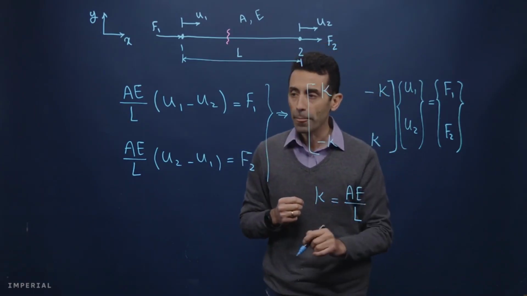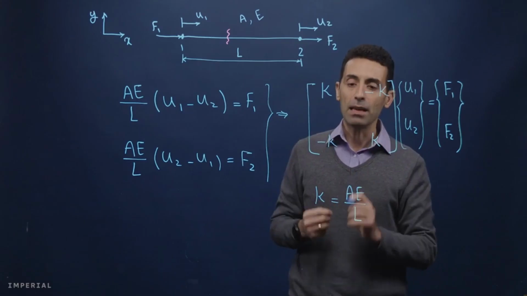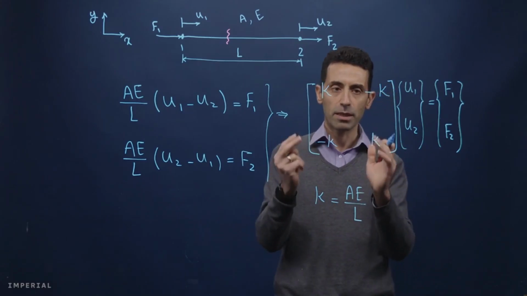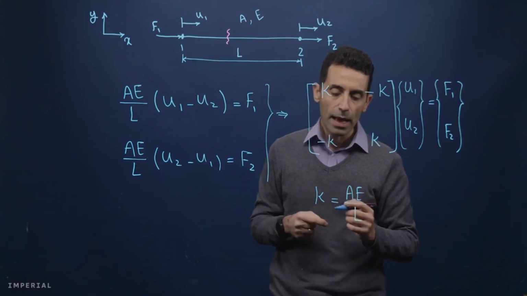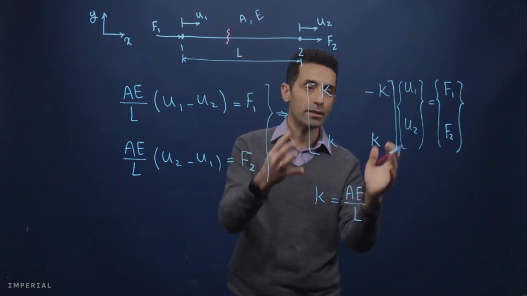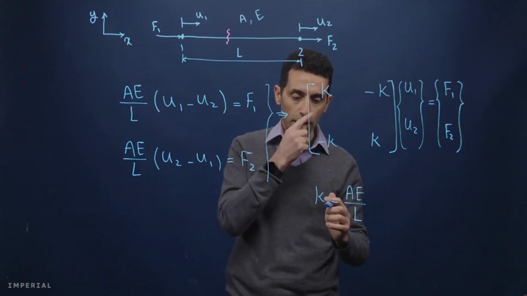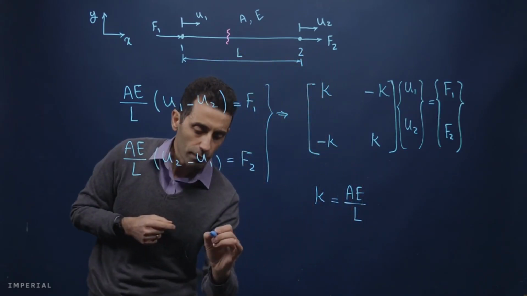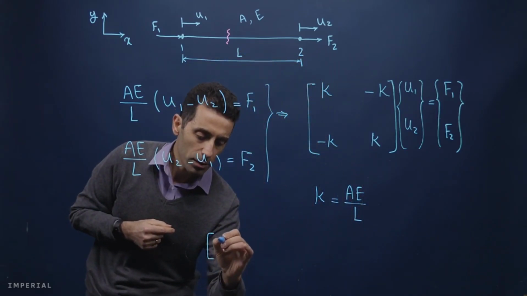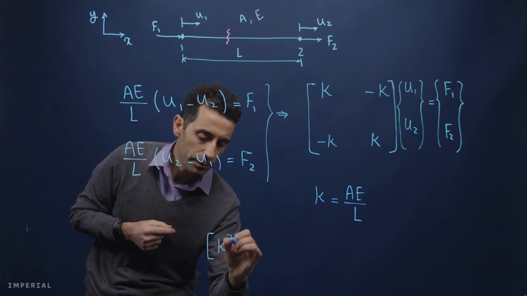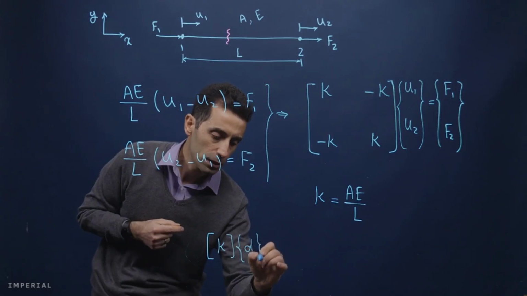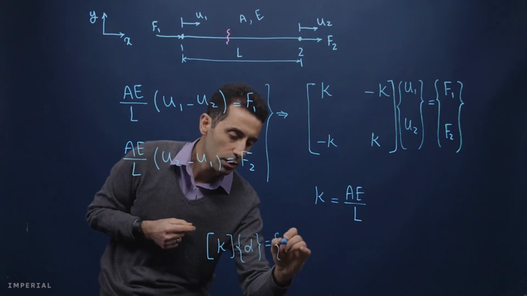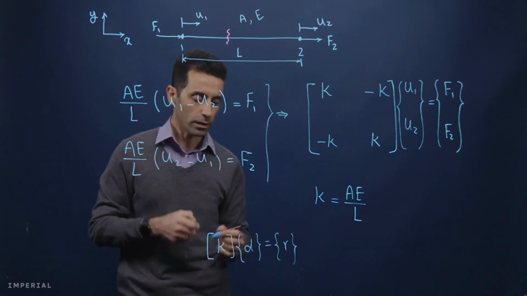We call this matrix the element stiffness matrix because it defines the stiffness of our element, and I can abbreviate this expression into something a bit simpler. So we call it K times D equals R.